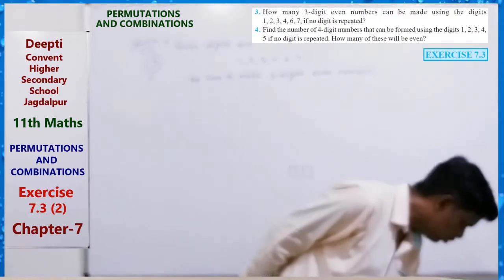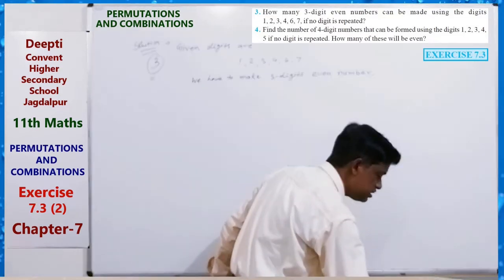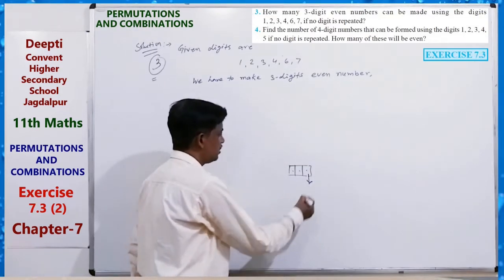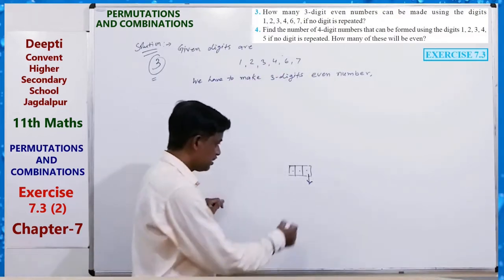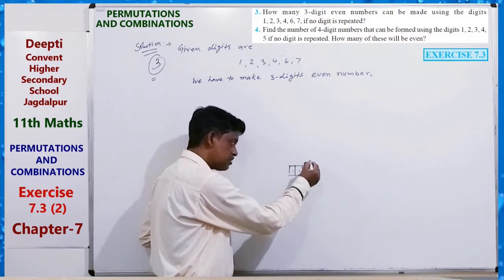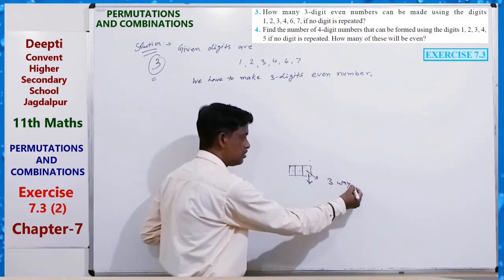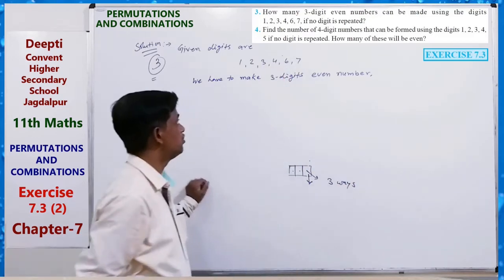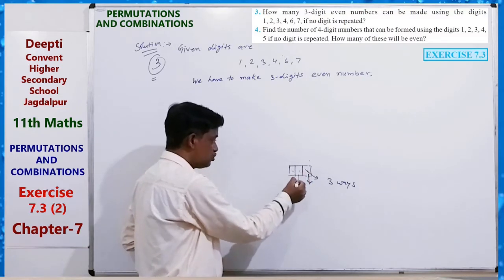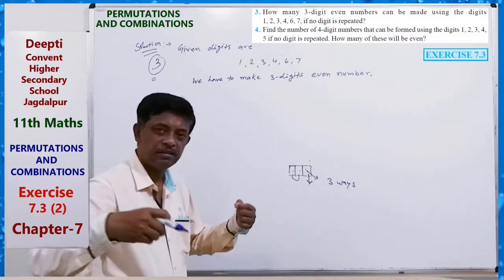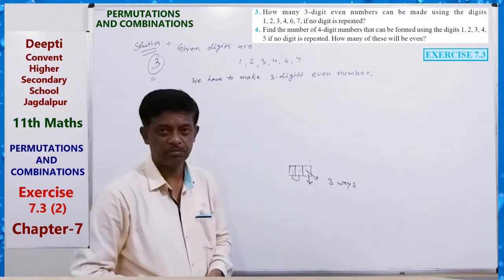So the unit place can be filled in 3 ways, because there are 3 even digits, 2, 4, 6. And after filling this, the other 2 places can be filled by any of the remaining digits.